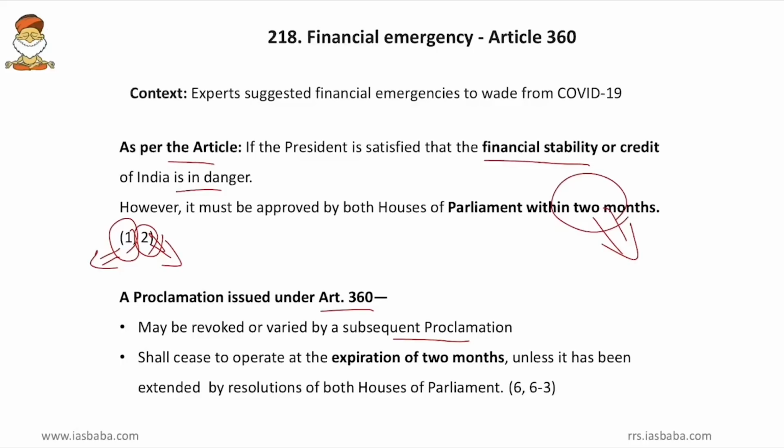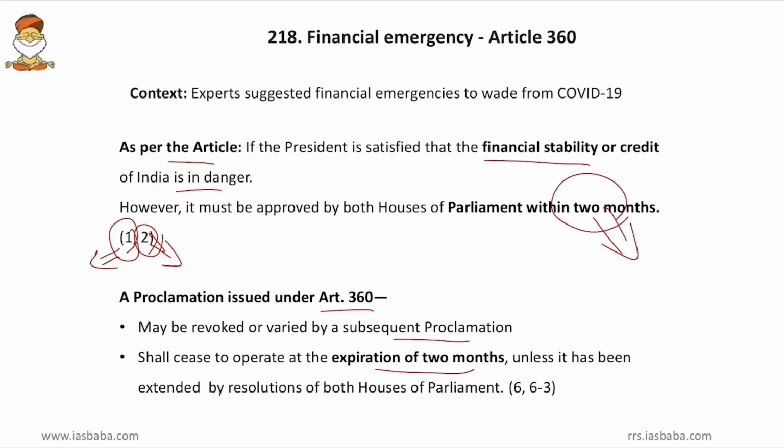Then, a financial emergency shall cease to operate at the expiration of 2 months unless it has been extended by resolution of both houses of Parliament. So, if it is not revoked within 2 months, it will automatically lapse if Parliament doesn't approve it within 2 months.